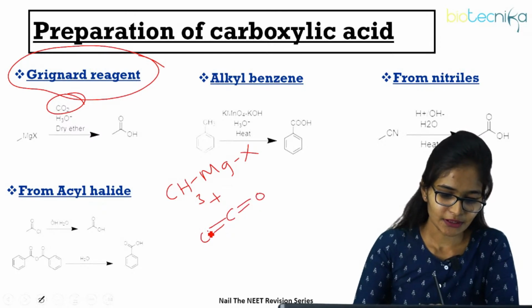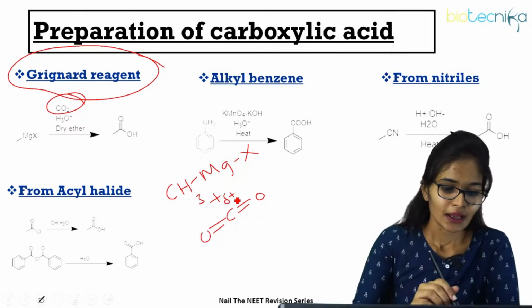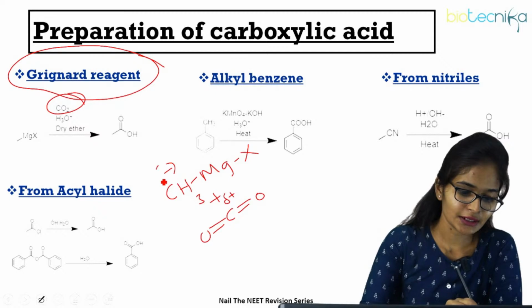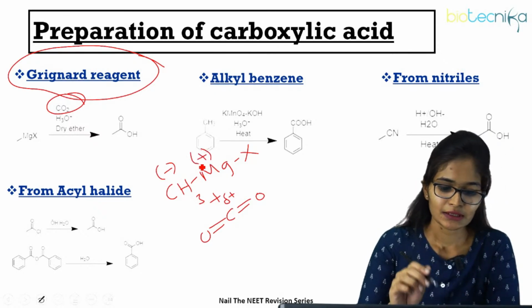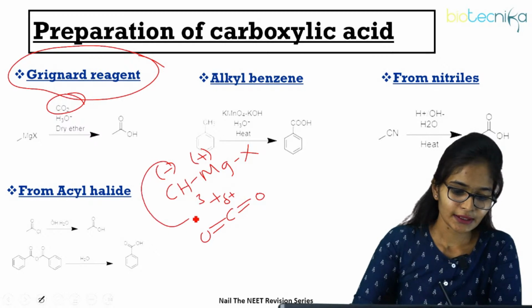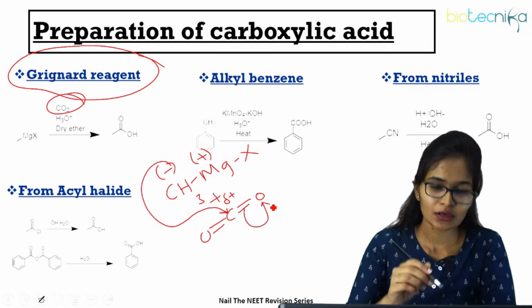Now this carbon is electron deficient, so I will show the partial positive charge there. And we know that in the Grignard reagent, CH3 will be negatively charged and MgX will be positively charged, right? So the CH3 minus will directly attack this electron deficient carbon, and I will shift the electrons towards the oxygen.